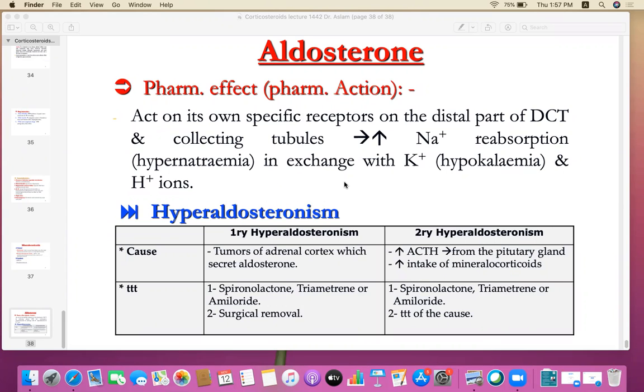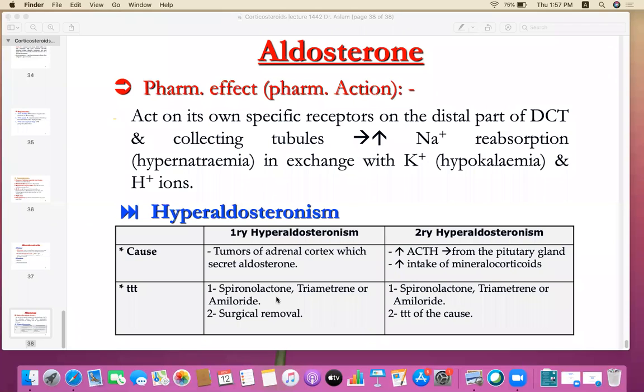The potassium concentration in the blood is decreased. So how can we treat? We need the drug which preserves the potassium, that is spironolactone. Spironolactone is a diuretic which preserves the potassium in the blood.